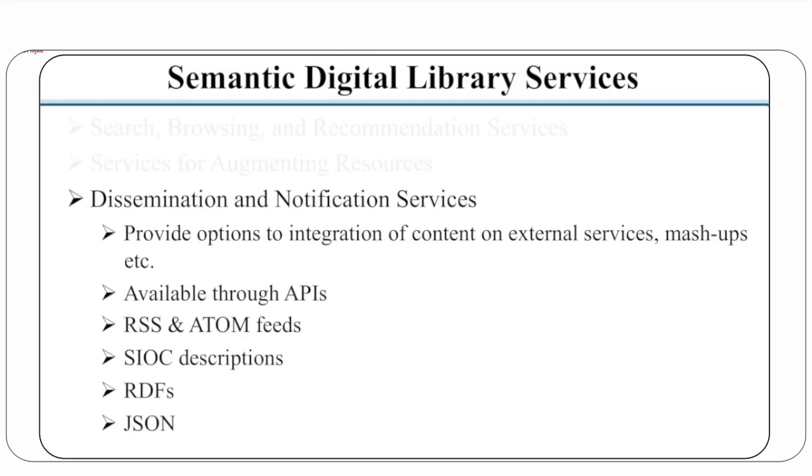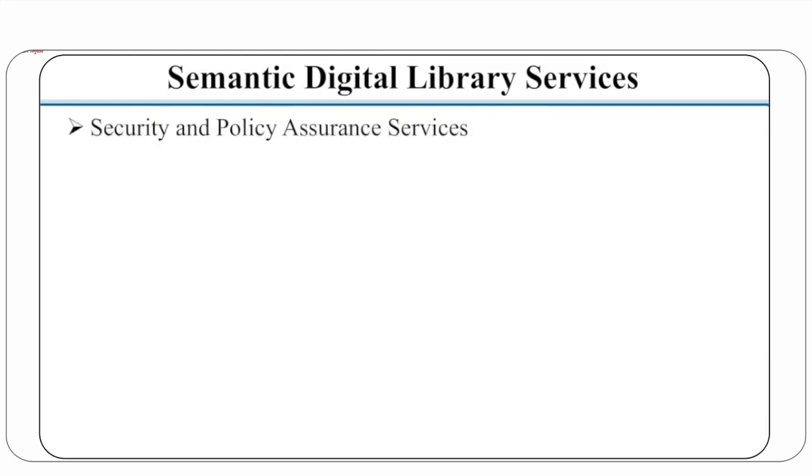To enhance the user experience, extensible and customizable notification services can be provided as a part of the information retrieval process. Semantic Digital Library should adapt to various policy enforcements and provide flexible authentication and access control mechanisms for convenience of the users.